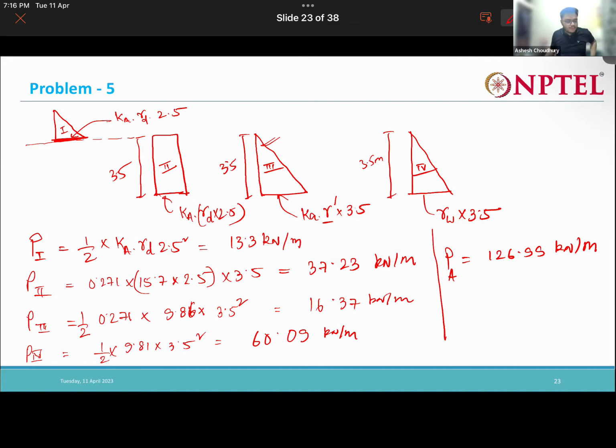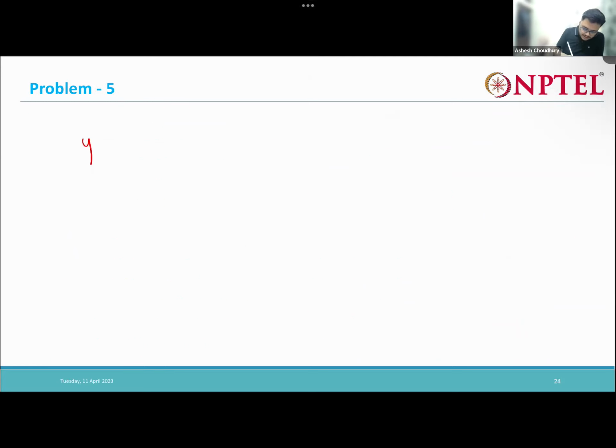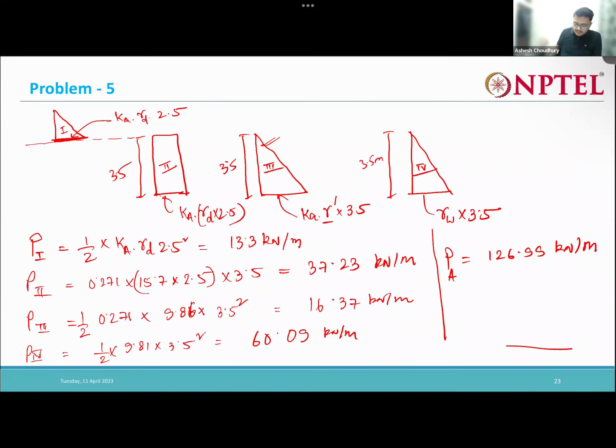Now, let us determine the point of application, y. So the first one will be 13.3 into (3.5 plus 2.5 by 3), that is 4.33.